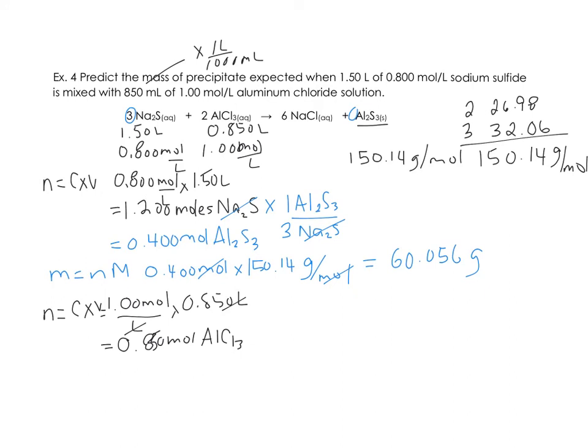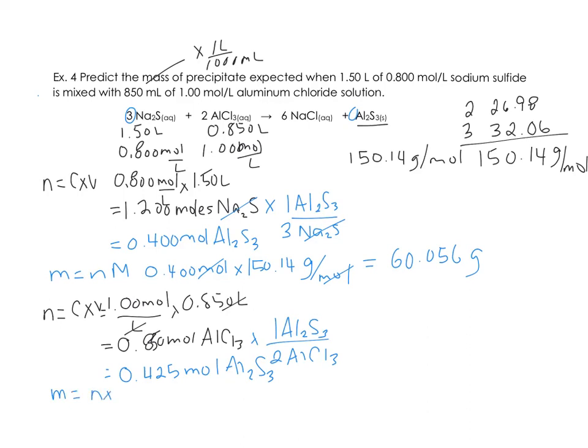So now we're going to multiply this by our mole ratio, which is 1 aluminum sulfide for every 2 aluminum chlorides. So 0.425 moles of aluminum sulfide. So we can see we're going to have less mass of this. So this one's the one in excess.